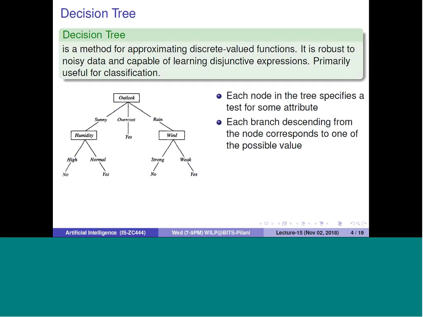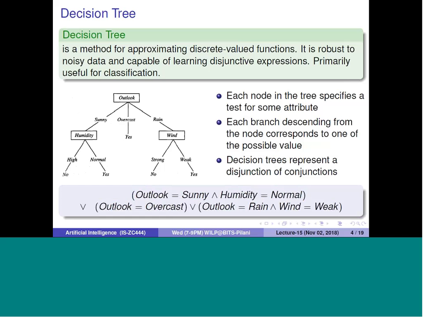Okay, each node specifies a test condition, and each branch says what that condition means, and you go ahead until you find the decision. If you want to represent this in a single line, you can say that the cases where the answer is yes are 3: 1, 2, 3.